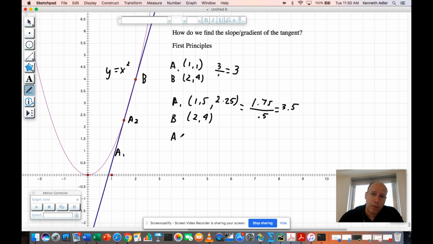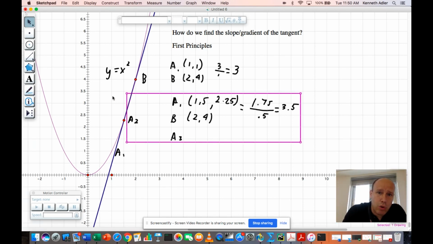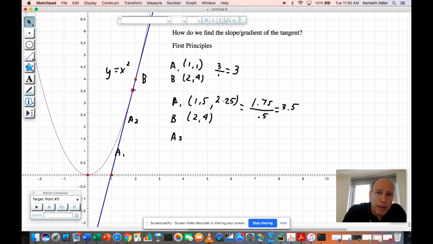Let's move it up to an A3, and let's get really close, let's go to 1.9.